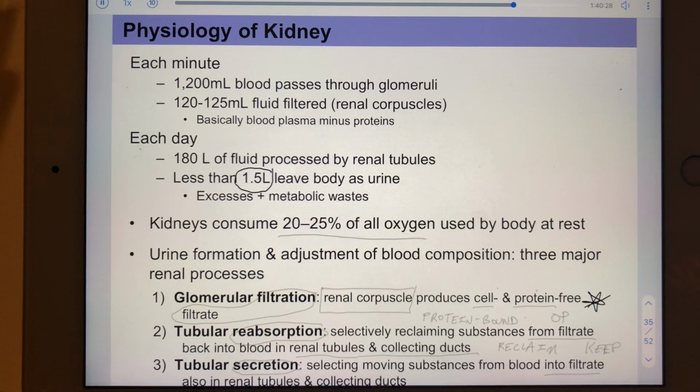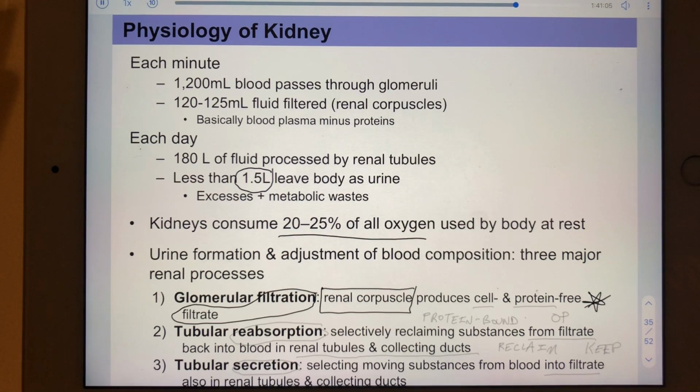The kidneys are big spenders, which I think maybe you already knew from 241, that they are very metabolically active. They demand a lot of oxygen. Urine formation is the end result of what nephrons do. Initially, they make filtrate. We already know that filtration is occurring in the renal corpuscle, okay?